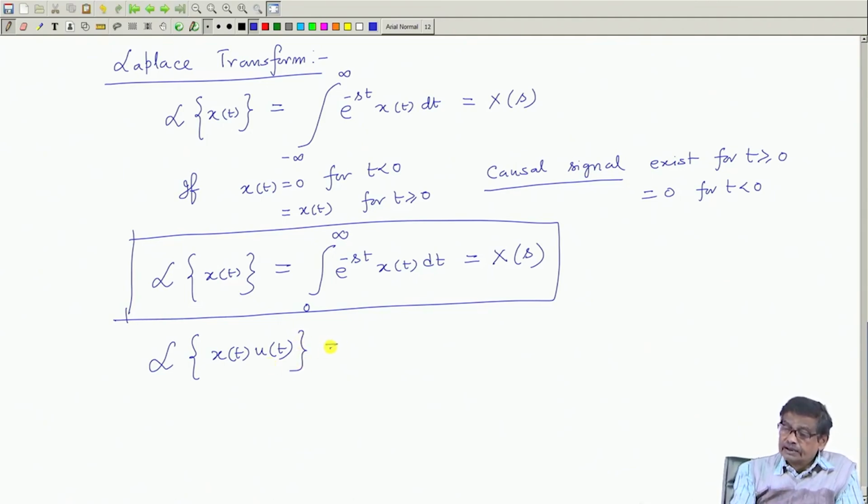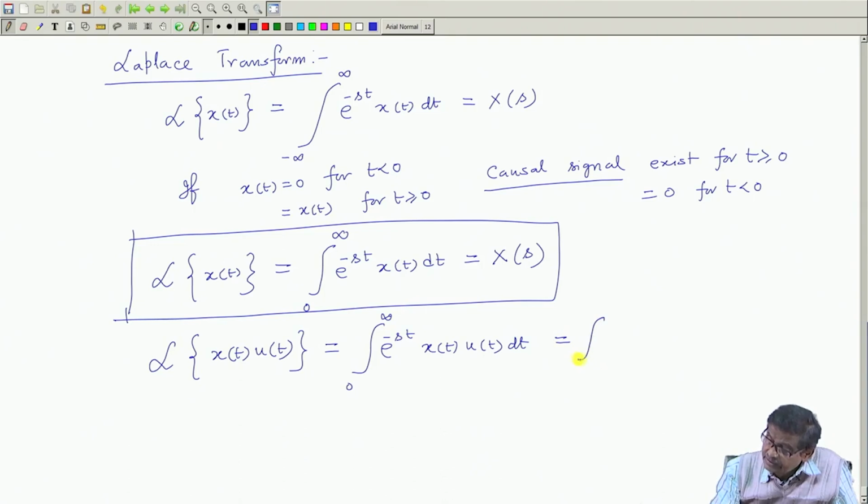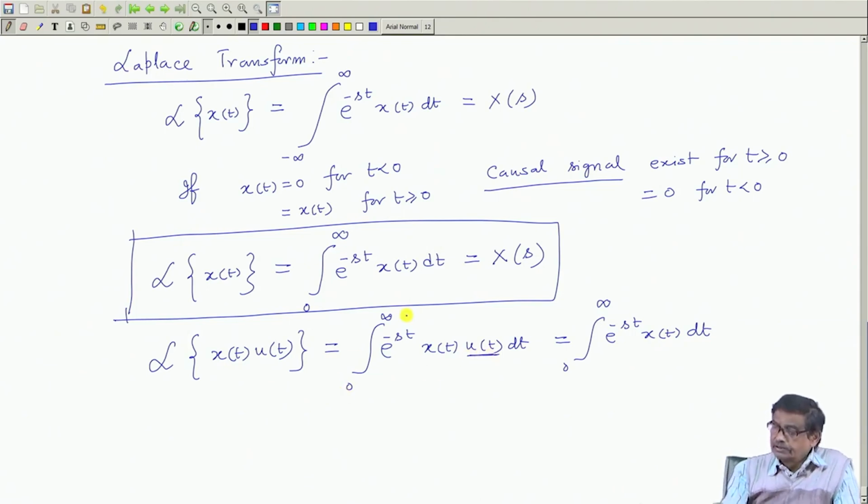This is written as 0 to infinity e to the power minus st x(t) u(t) dt. But this u(t) is no point in writing, because I am only considering the value of the function for t greater than 0. So, this is as good as 0 to infinity e to the power minus st into x(t) dt, because u(t) is always equal to 1 for t between 0 to infinity. It is one and the same thing.